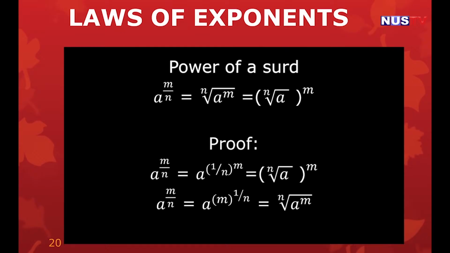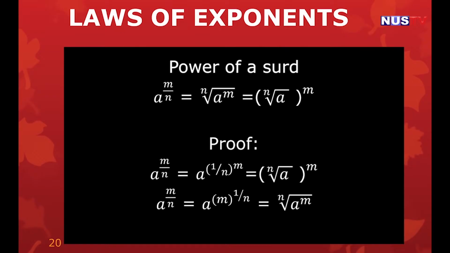Now, if you have A to the power of m divided by n, you can rewrite it as a surd, as the nth root of A to the power of m, or you can rewrite it as the nth root of A, bracket, all to the power of m. They are the same. Whatever way you rearrange it, you will find that they have the same answer. And that's the proof right there underneath.